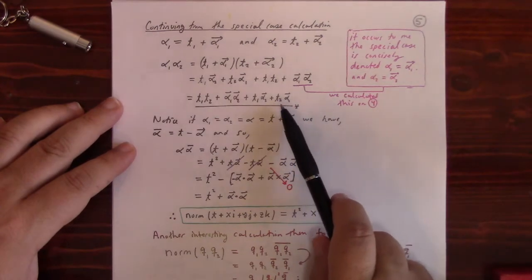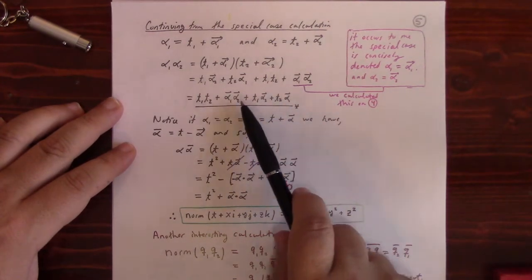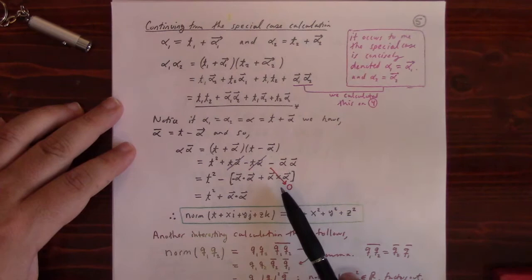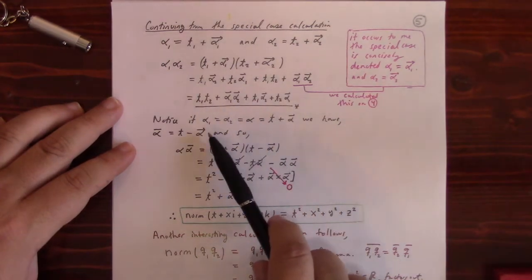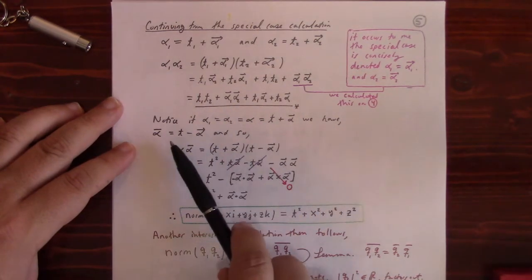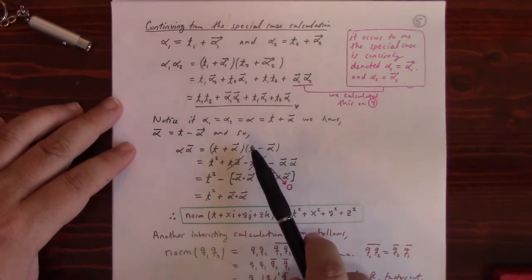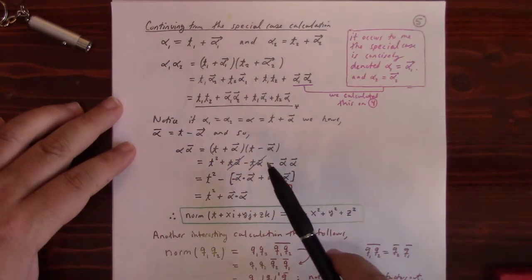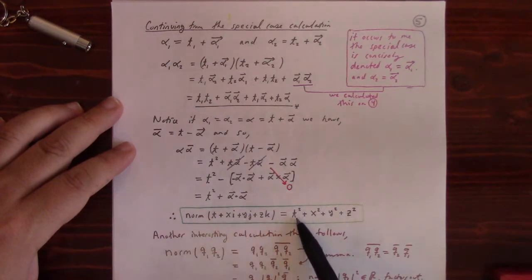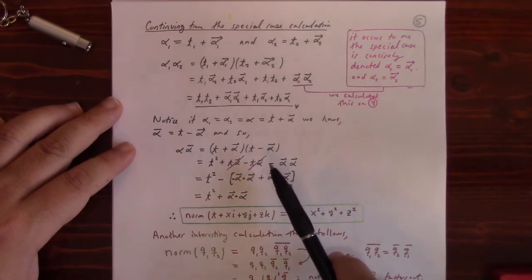As I said, we have calculated this alpha 1, alpha 2 in the previous page. So we know that when we take alpha 1 equal to alpha 2, and we calculate the product of alpha and alpha bar. So what I'm doing at the moment is proving to you that the formula really does work out to t squared plus x squared plus y squared plus z squared. I claimed it in the previous page, but I didn't really show it yet, and here I'm showing it.